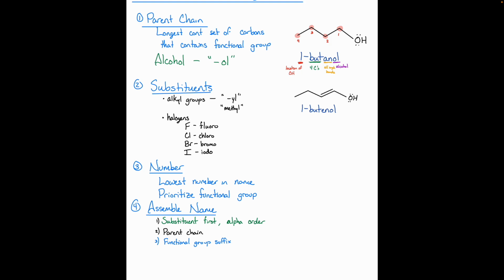We just added some more details to each one of those steps as we've gone along in this course. The big new one here is that we have a new functional group and thus a new suffix to describe that functional group.